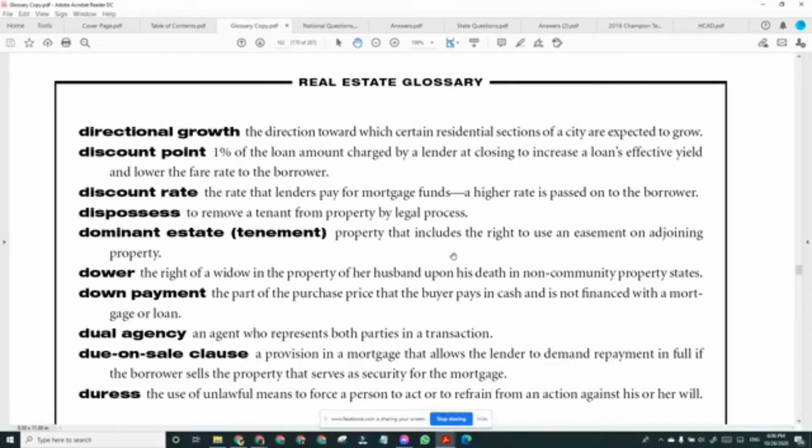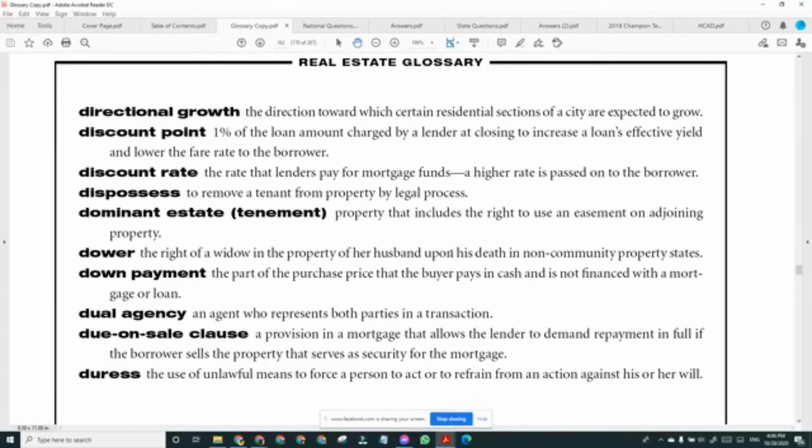Okay, so we are starting with directional growth, the direction towards which certain residential sections of a city are expected to grow. So for example, here in San Antonio, it's growing almost in every direction. North on 281, northeast, northwest, towards Elotes, and further up, it's going west and east, because we're a military city, right?